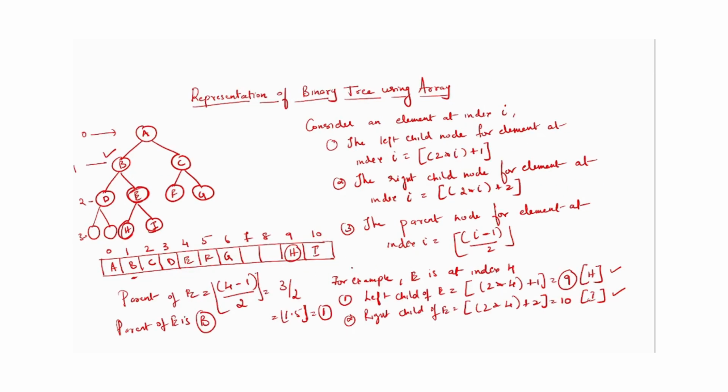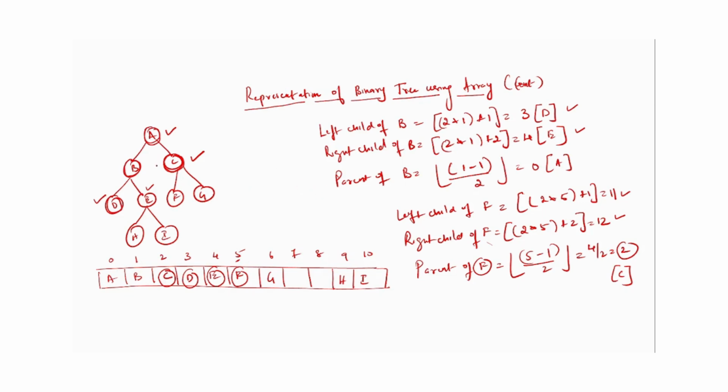The first example is the left child of E, right child of E, as well as parent of E. The next example is the left child of B, the right child of B, and the parent of B, and then the left child of F, right child of F, and parent of F, right?